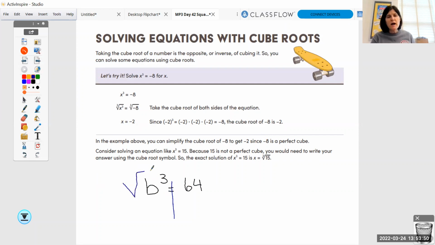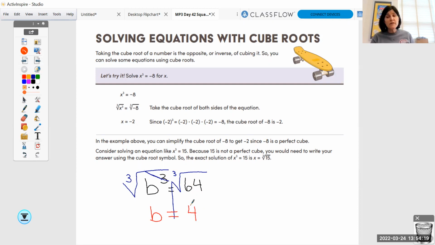The inverse or the opposite is to do the cube root. That will cancel out my 3's, right, if I do that. But if I do the cube root of one side, I have to do the cube root of the other side. What this does is it turns this side into just a b. And if I do the cube root of 64 in my calculator, that's right, I get a 4.